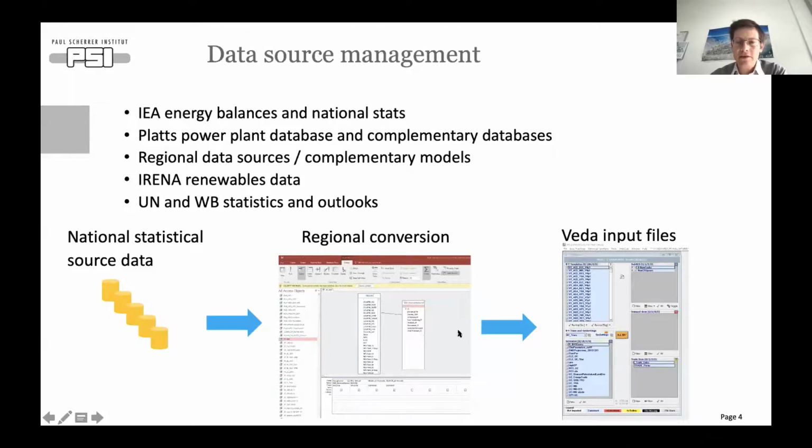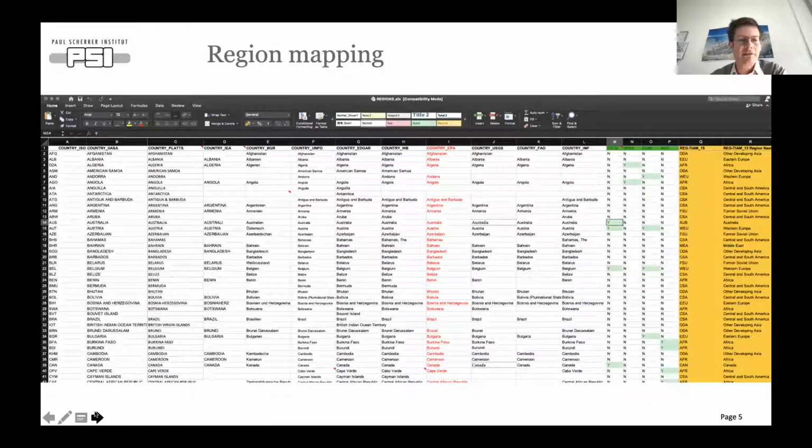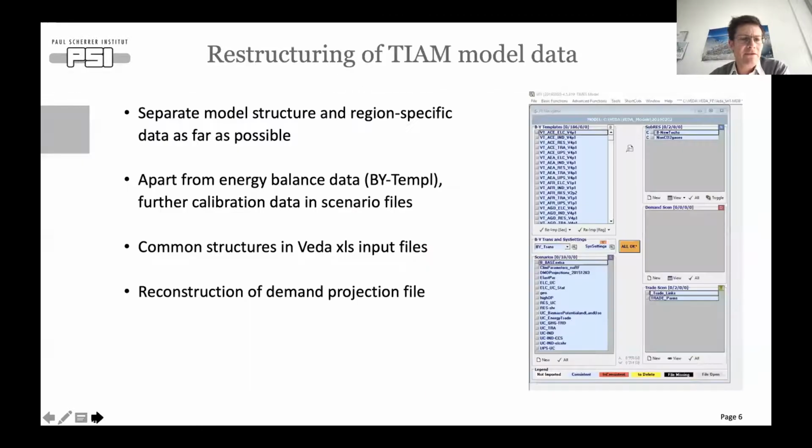So that was a challenge in terms of data processing, getting the right region mapping, because we have different source data involved. And I mean, you are all aware of the region mapping which you do for, for instance, reporting to the IPCC databases. But you can expand this kind of region mapping to all the other global modeling databases, which can be very well incorporated into a higher spatial resolution of a global model. So this was a major effort here.